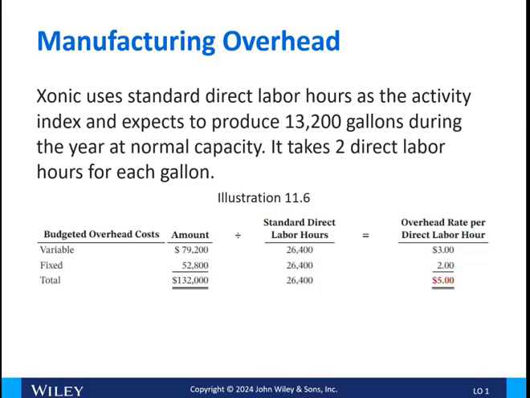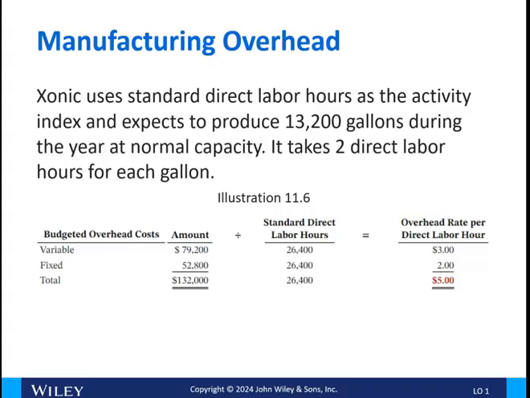So Zonic uses standard labor hours as the activity index, expects to produce 13,200 gallons during the year at normal capacity, takes 2 direct labor hours for each gallon. So we take our budgeted overhead costs, and we're going to divide it by our standard direct labor hours. So 13,200 gallons, 2 hours each is going to be 26,400 labor hours.